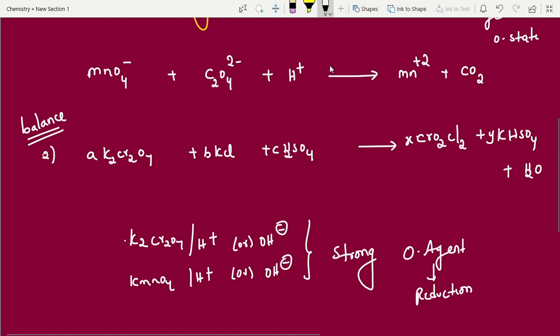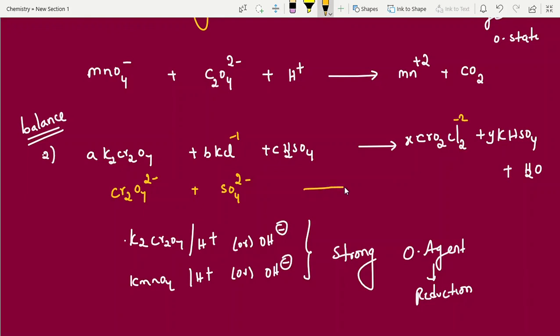Yes. Cr2O7 2 minus, right? 2 potassium gone. Potassium here and here, you can calculate, there is no change in the oxidation state. Even chlorine also, this is -1. Here also each chlorine is -1 only, no change. That's why you need not write chlorine. Directly you can take SO4 2 minus. Okay.